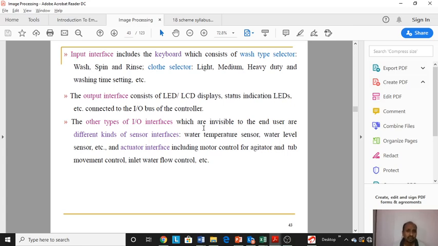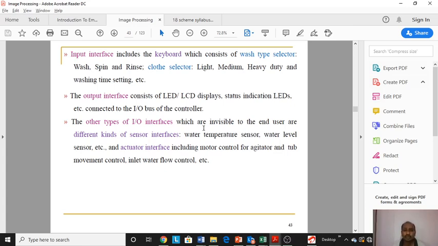Okay, so the input interfaces are whatever input I give, either to wash, spin, rinse, or to select my cloths light, medium, heavy, or the washing time, whatever it is. The output interface is whatever we get displayed through an LCD display.